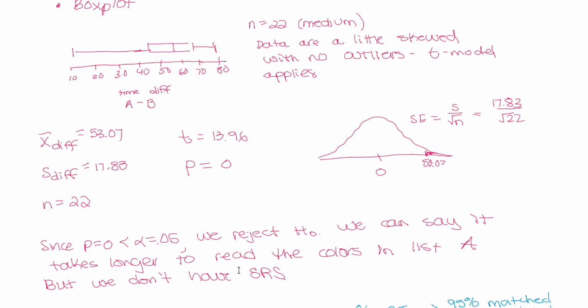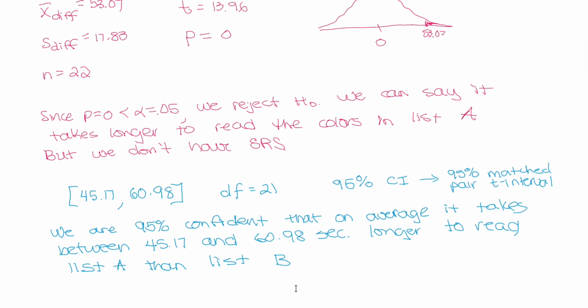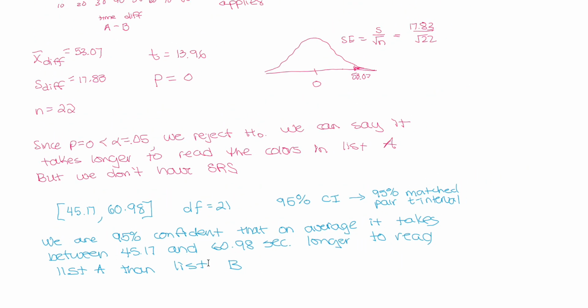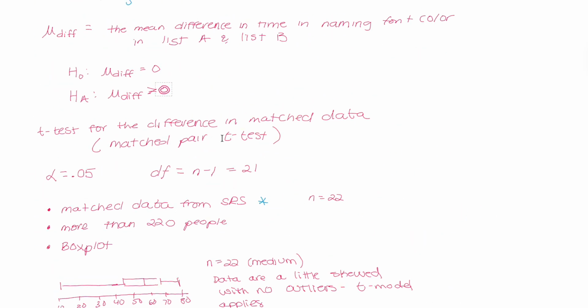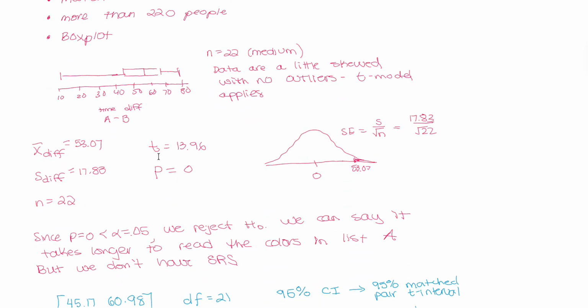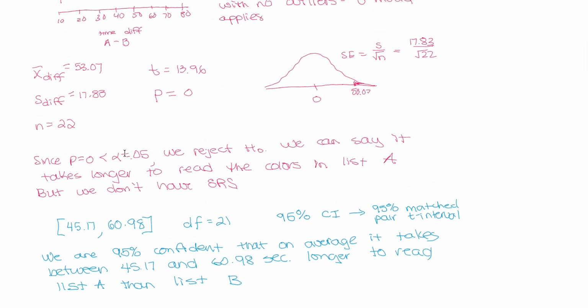Okay, and if we want to switch it to a t-interval question, then the first two steps are the same, but for the third step, instead of doing the t-test, you're going to go into t-interval on your calculator and get this interval right here. The degrees of freedom is still 21, and we're doing a 95% confidence interval, therefore the name of our procedure changes to 95% matched pair t-interval.